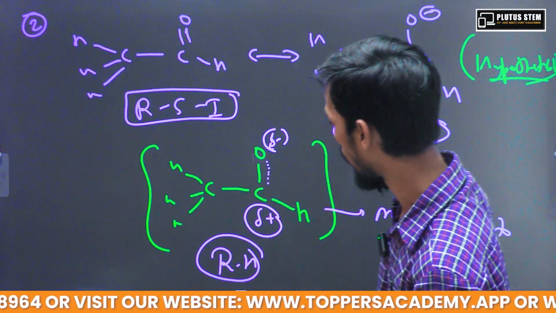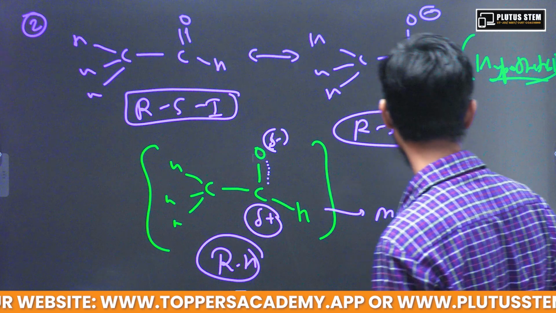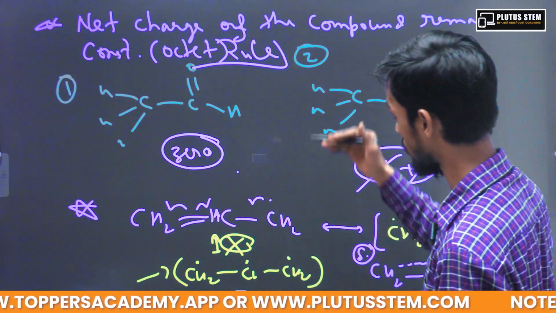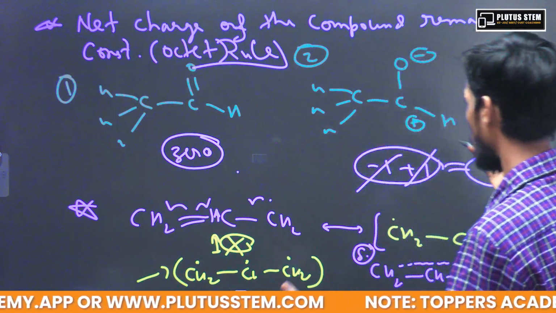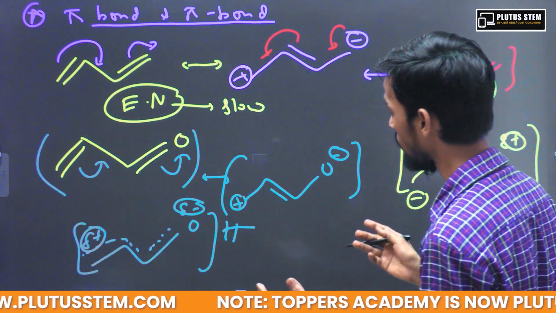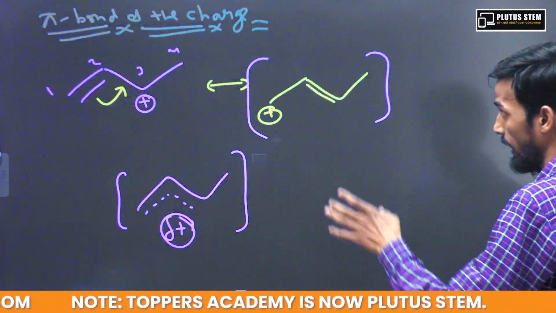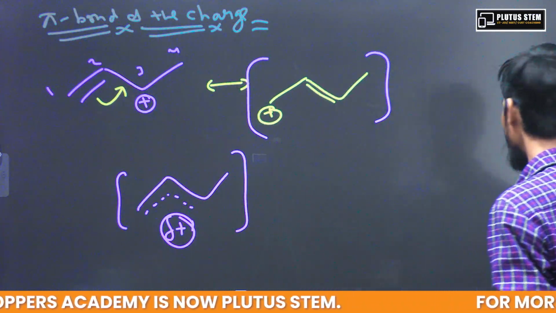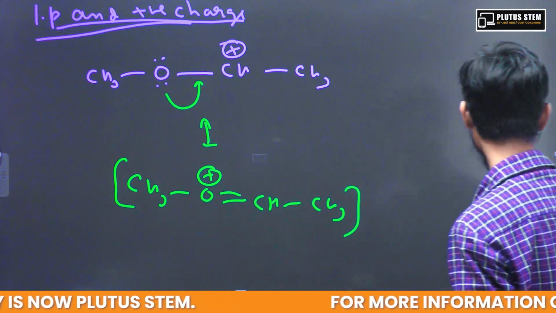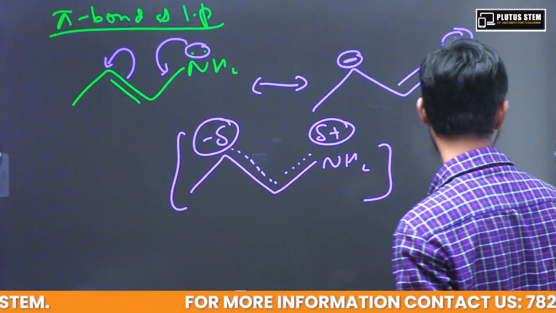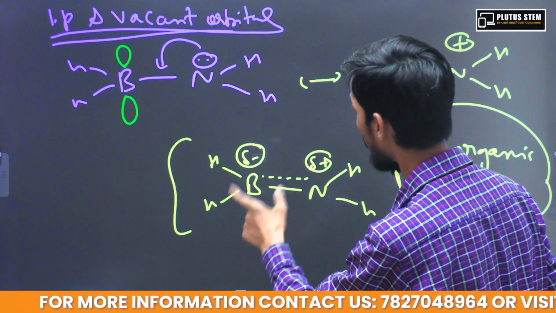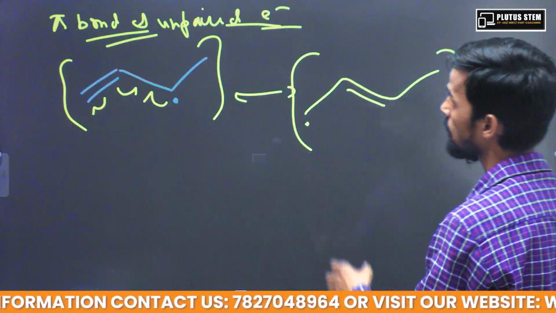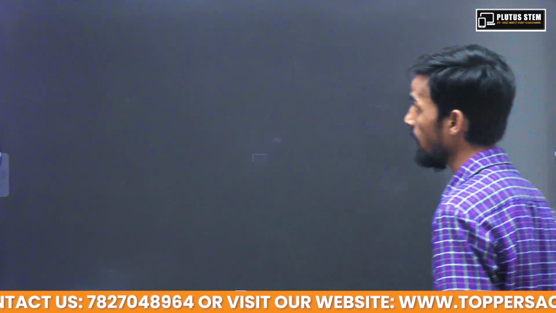After that we have seen how these resonance structures are drawn. Some rules I have shown you, that net charge should be conserved. The types are pi bond and pi bond, pi bond and positive charge, lone pair and positive charge, pi bond and lone pair, lone pair and vacant orbital, and the sixth is pi bond and unpaired electron. Through these I have shown you how these different structures arise.